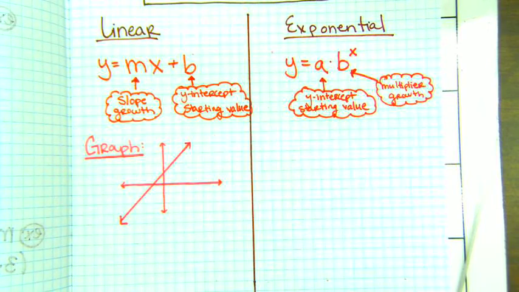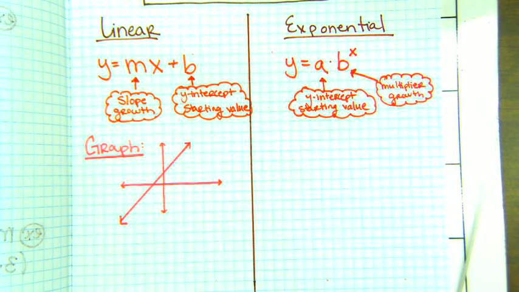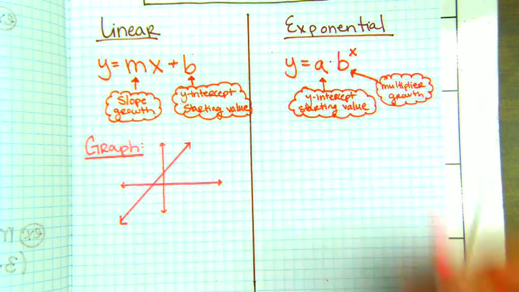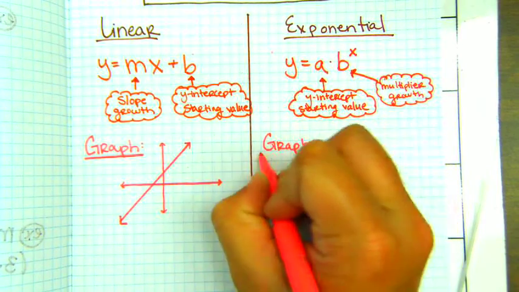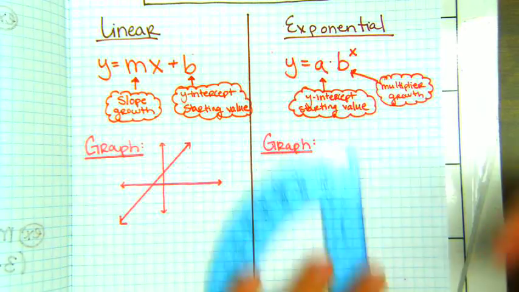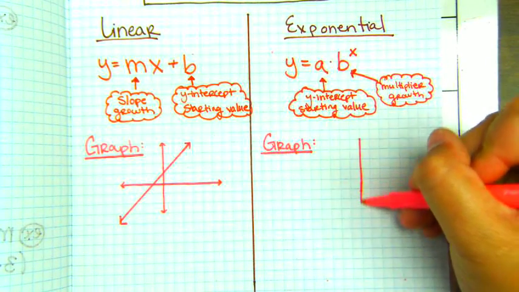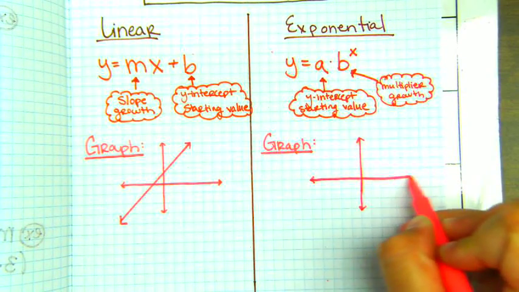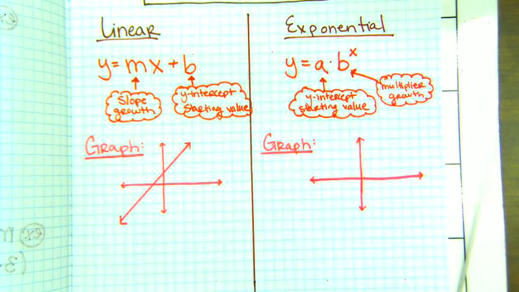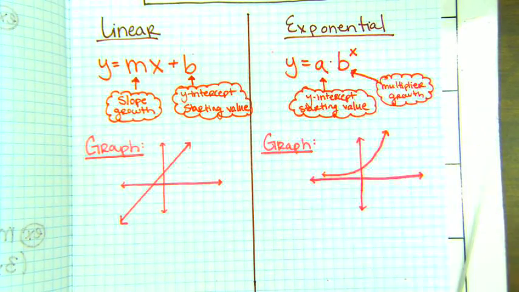It doesn't have to be increasing. This one has a positive y-intercept. It doesn't necessarily have to have that. But that's just a little example of a line. And a graph for the exponential. This one is not going to be linear because it's exponential. An exponential graph is a curve, and it looks something like that if it is an increasing function.